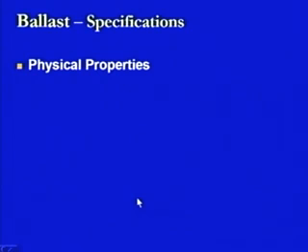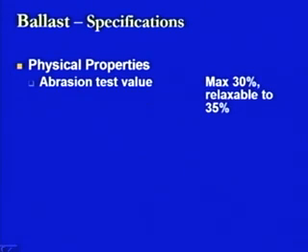Then another aspect is related to the physical properties of the ballast cushion. Physical properties are related to the wearing aspects of the material. In this case there is one test which is conducted to check the abrasive quality of the material, that is, its reducing into fine powder form due to the rubbing action of another material.